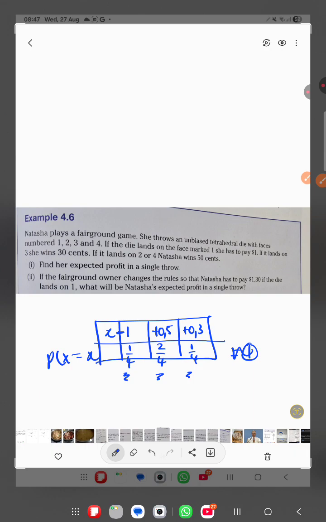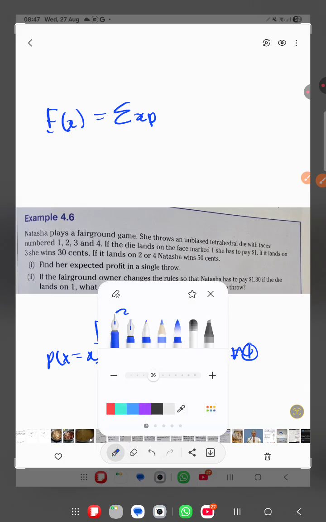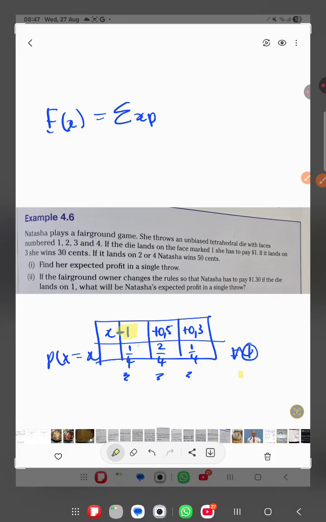Now, expectation, pay attention, my friends. Expectation is equal to the summation of X times P. What is expectation? The summation of X times P. Basically, it is minus 1 times 1/4 plus 0.5 times 2/4 plus 0.3 times 1/4.